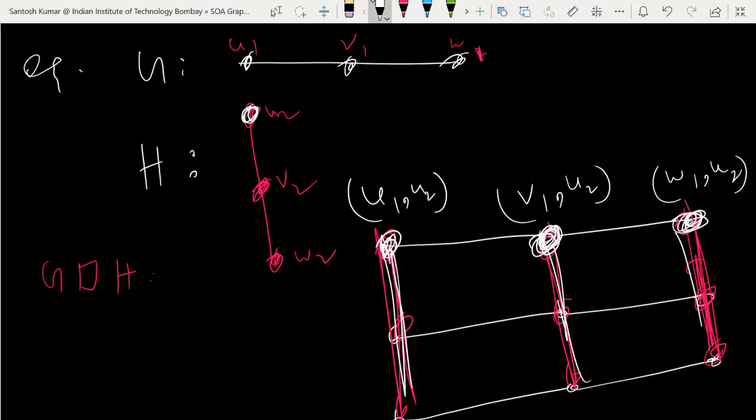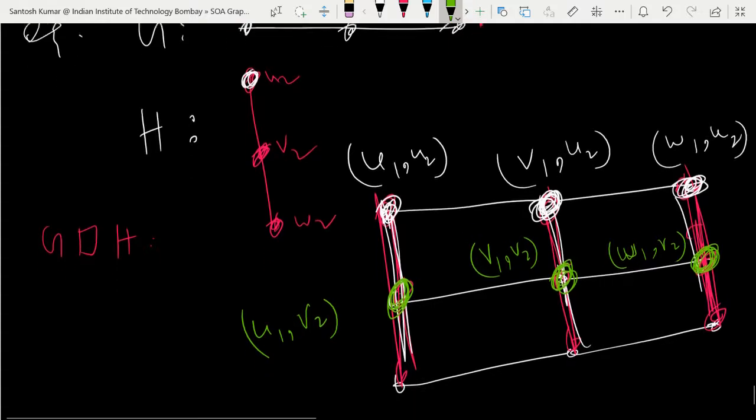Next you write, this one is the middle one in H and first one in G, so it is u1 comma v2. This is going to be middle in both, so v1 comma v2, and this w1 comma v2.